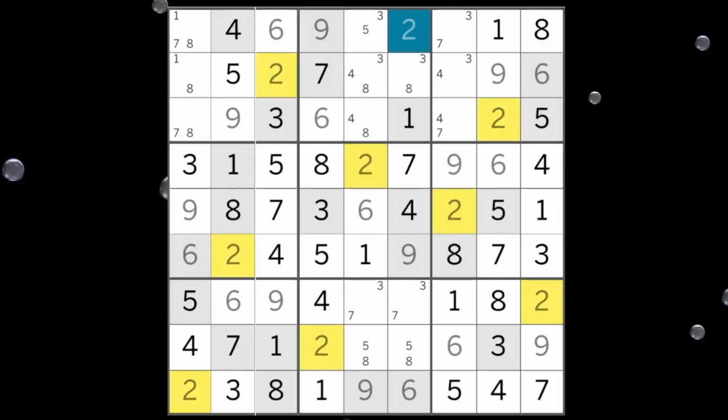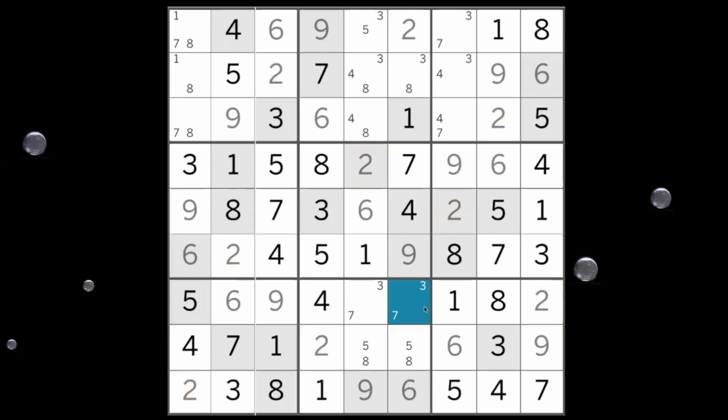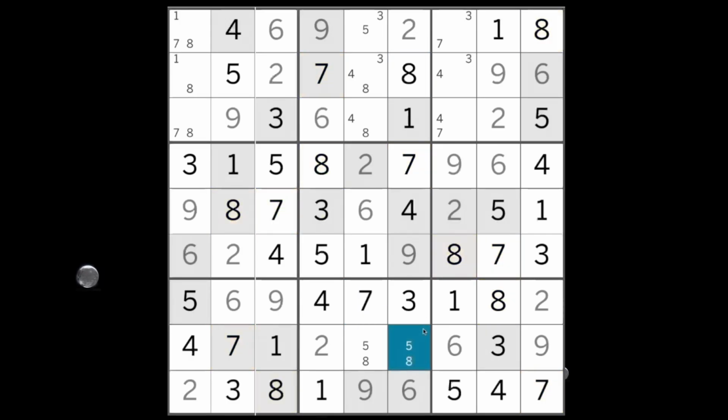That's all of our 2s. That can't be a 7, so that's a 3. 7, 8, 5.